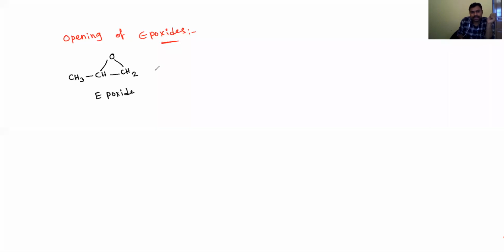This epoxide reacts with the Grignard reagent RMgX. The Grignard reagent acts as a nucleophile. It attacks the sterically less crowded side, the less substituted carbon atom.